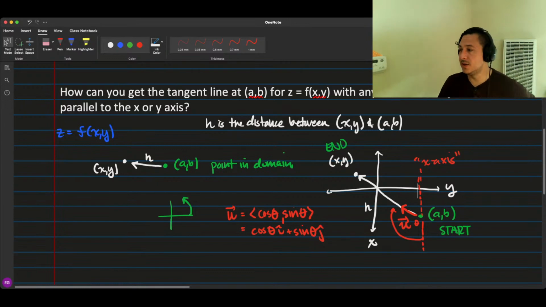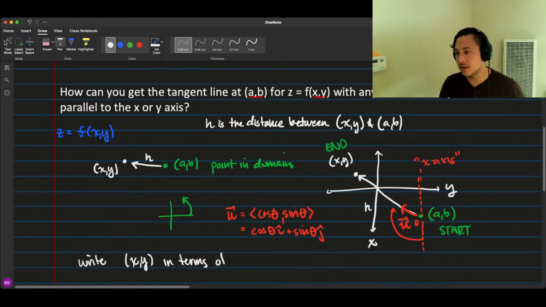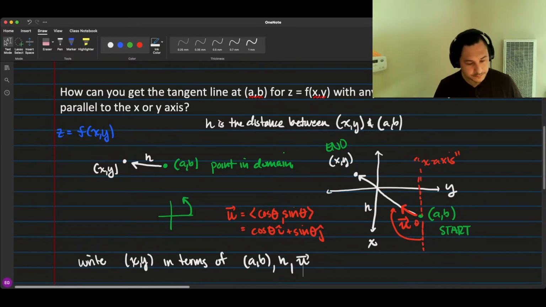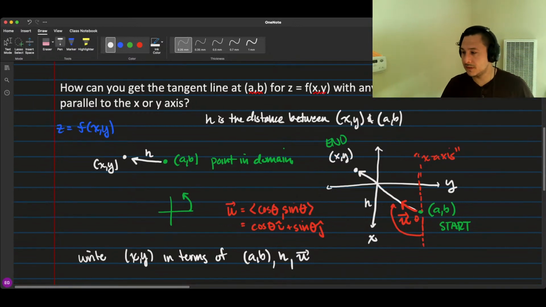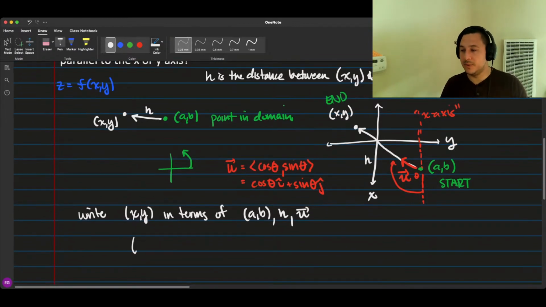Okay, so what we're going to do now is write that ending point, x comma y, in terms of the starting point a comma b, the distance traveled h, and the vector u. Let's talk about the x coordinate of that point.